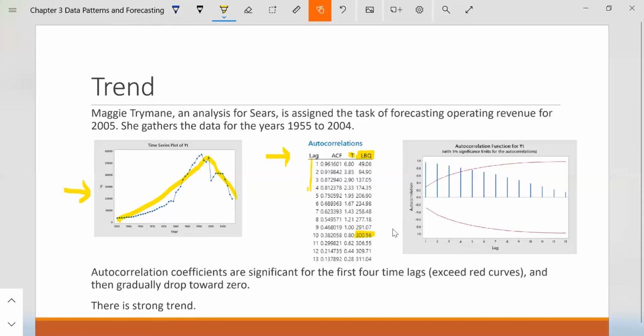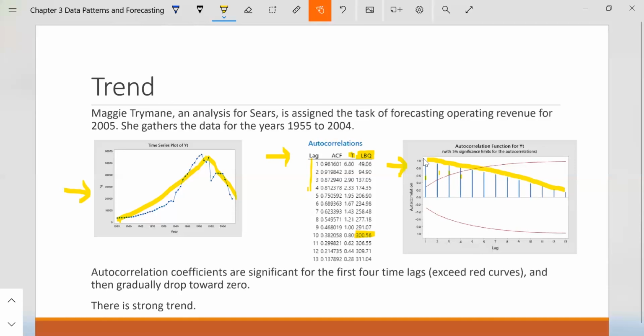What can we say? When you move to the autocorrelation graph, what you will see is that the first 4 blue spikes exceed the red curve on the top, and therefore those 4 are significant. Also, we can observe that the spikes are decreasing gradually and slowly over time.